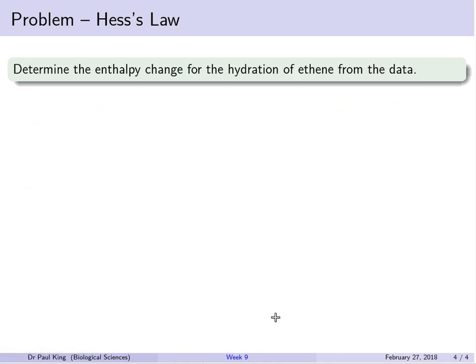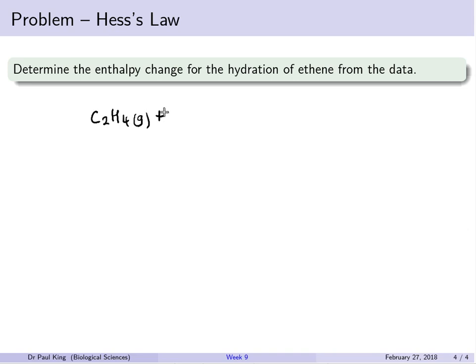We're then asked to determine the enthalpy change for the hydration of ethene from the data, and in this case we're going to write down a Hess's cycle in order to determine this. So let's remind ourselves what the reaction is that we're trying to work out the enthalpy change of.